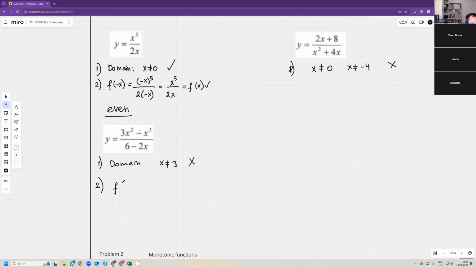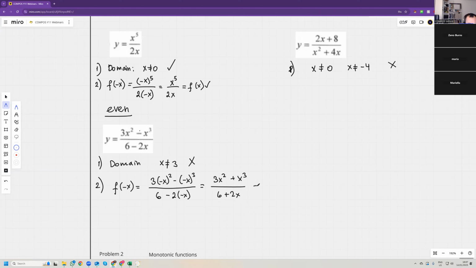So f of minus x is going to be 3 multiplied by minus x squared minus x cubed, over 6 minus 2 times minus x, and that's 3x squared plus x cubed, over 6 plus 2x.